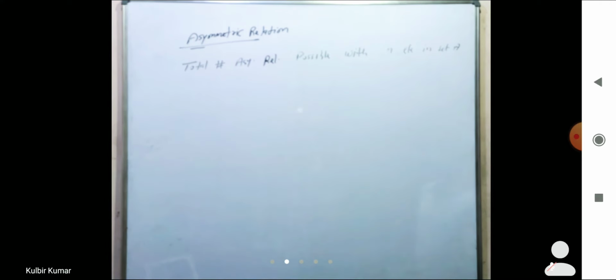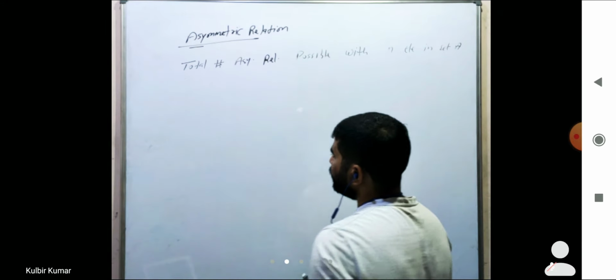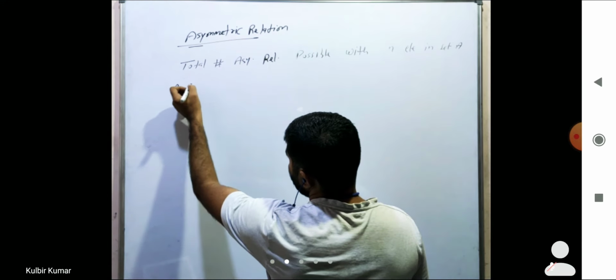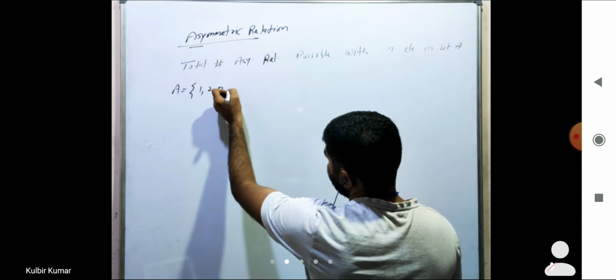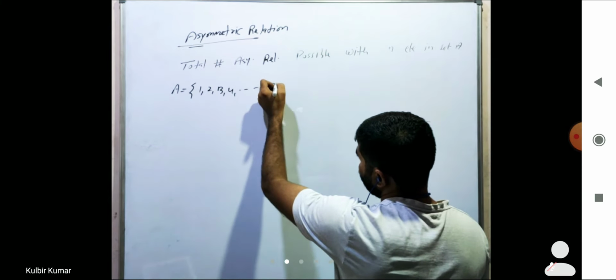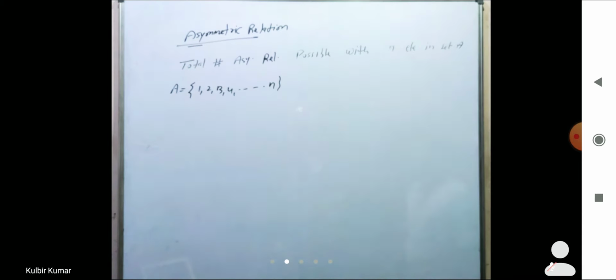So what we can say, there will be a set A, and this set A containing n elements, and so on up to n elements. Then what will be the A cross A?